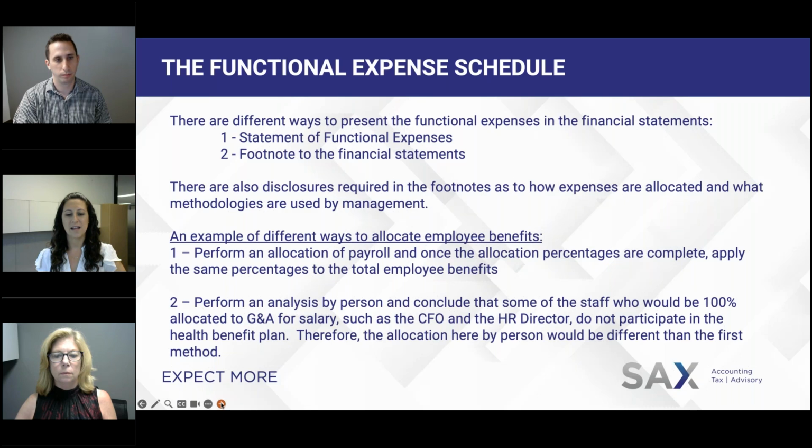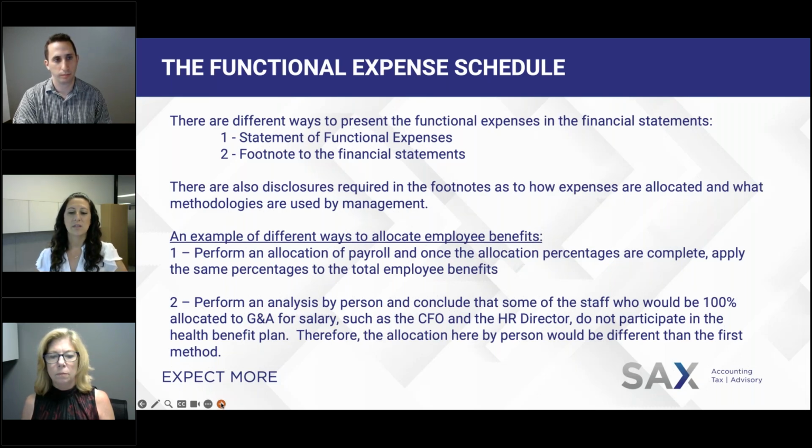Another way, I had a client that did it this way, and again, it's just a difference in methodologies. They performed an analysis by person, and they concluded that some of the staff who would be 100% allocated to G&A for salary, such as a CFO or an HR director, they do not participate in the health benefit plan.